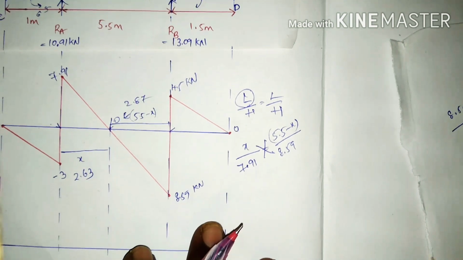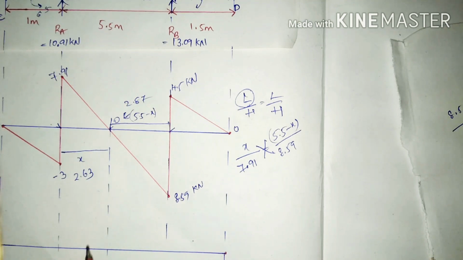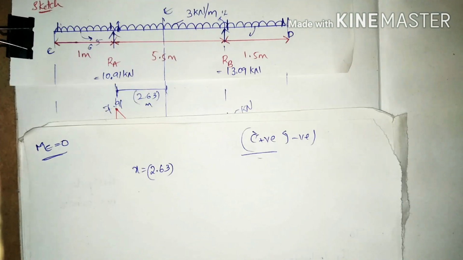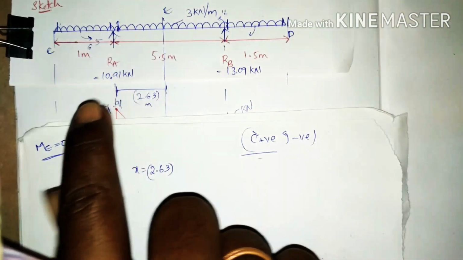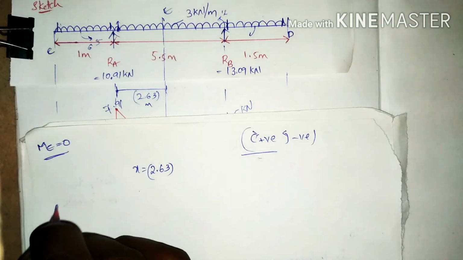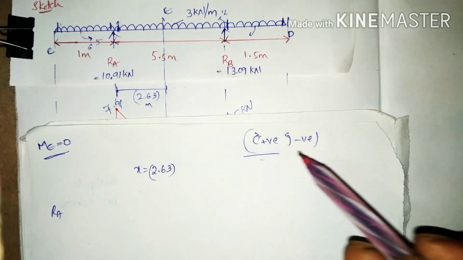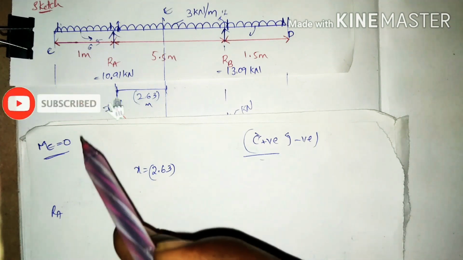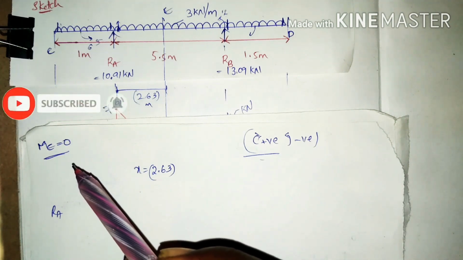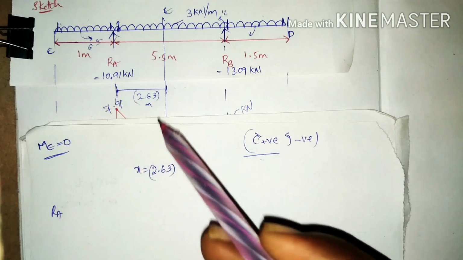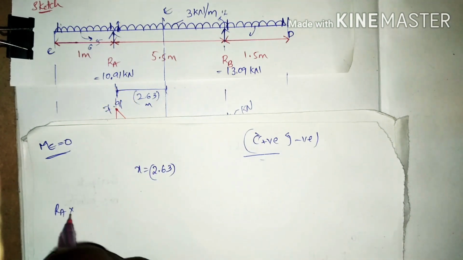Here we have to take the moment about E, which is at a distance of 2.63 from RA. Here the value of x is 2.63 meters. I am going to take the moment about E from the LHS, with clockwise as positive and anti-clockwise as negative. Here RA is taking the moment about E in the clockwise direction, so positive RA into the distance.